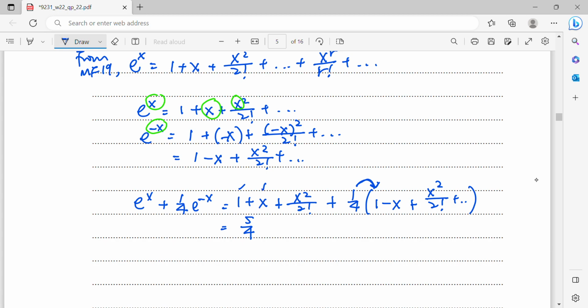Then here x minus 1/4 x will be plus 3/4 x. Now x squared over 2 factorial plus 1/4 times x squared over 2 factorial, at last you will get 5/8 x squared. So this is the series up to x squared.